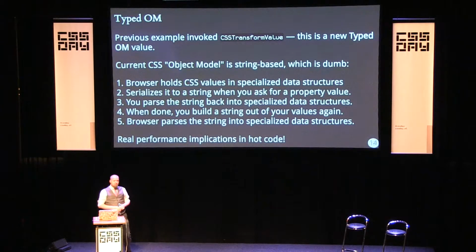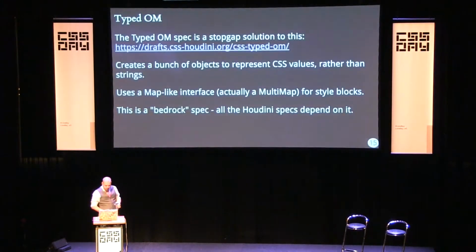It's not that hard to construct a benchmark where the cost of the browser having to constantly parse your strings back into values for it to work on becomes the bottleneck. So the typed OM spec listed there is the solution here. Instead of just strings, it produces a bunch of ordinary JavaScript objects with convenient properties for it.